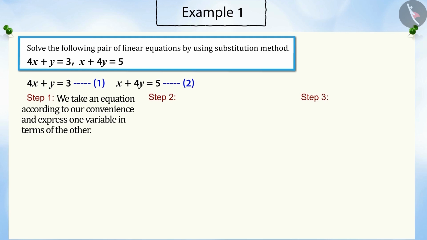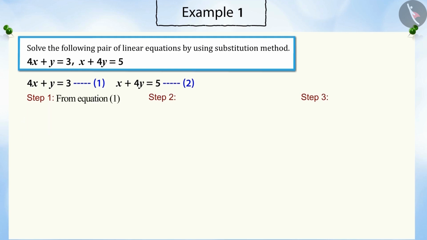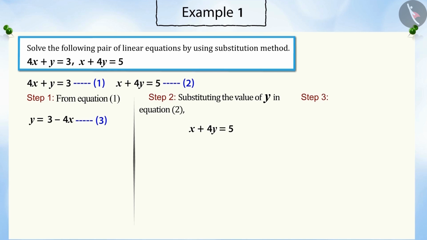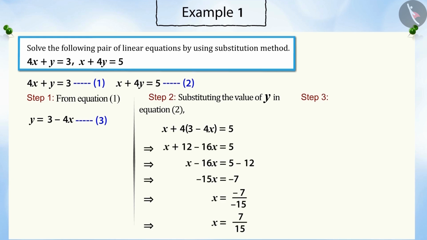Here, we take equation 1 and express y in terms of x and denote it as equation 3. In the second step, we substitute the value of y obtained from equation 1 in equation 2. And solving it further, we get x is equal to 7 by 15.